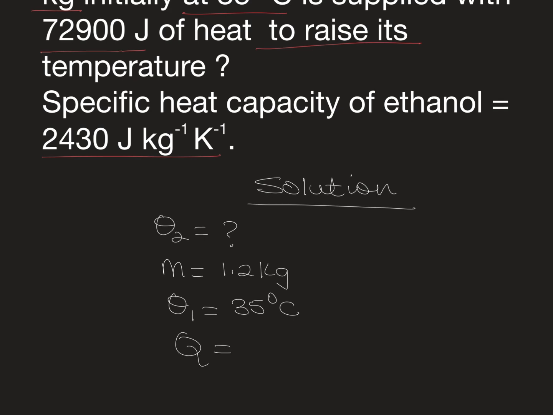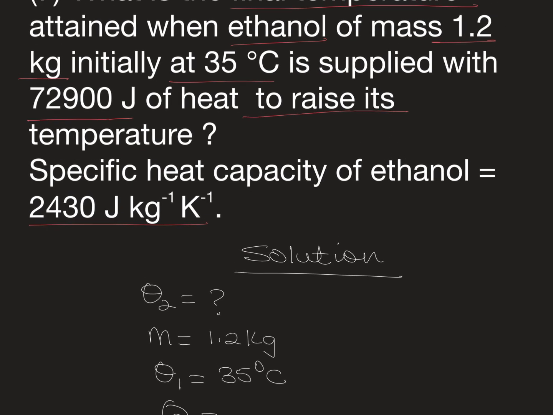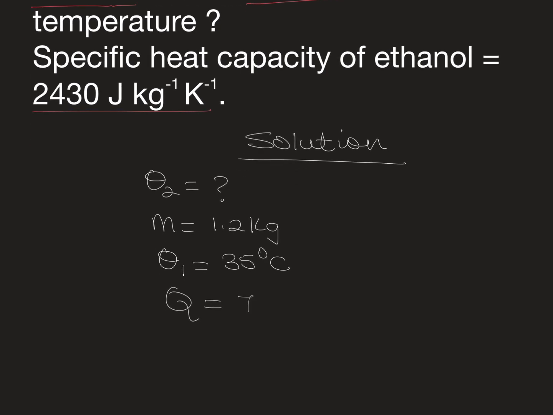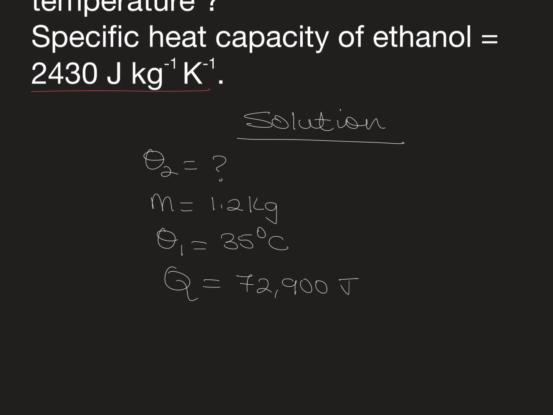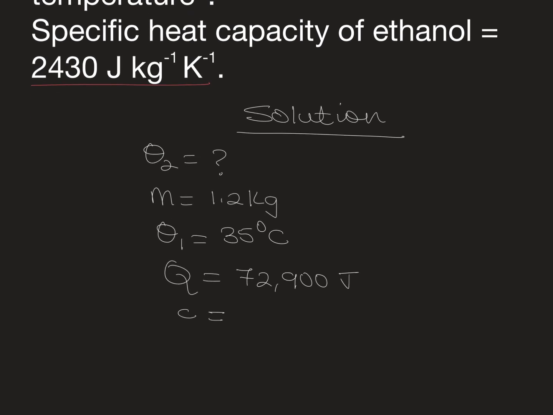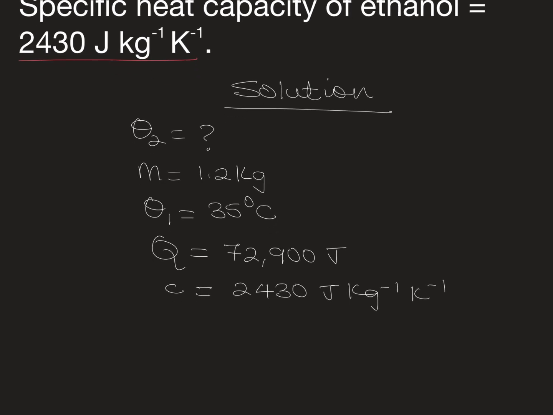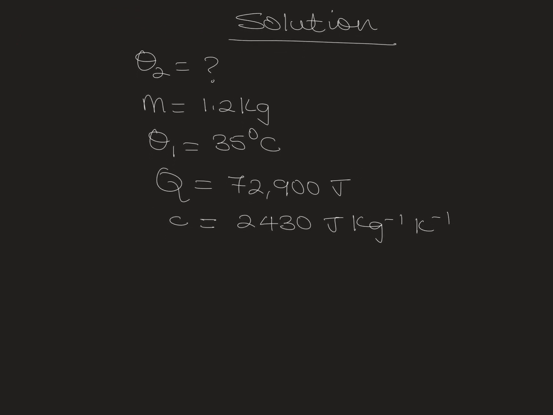The quantity of heat supplied to ethanol was 72,900 joules. Specific heat capacity is 2,430 joules per kilogram per Kelvin. So we want to know theta 2, that is the final temperature.